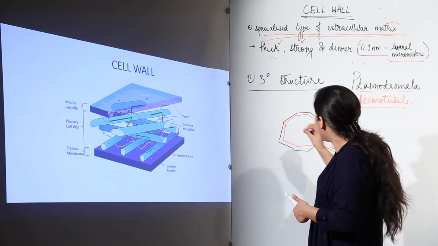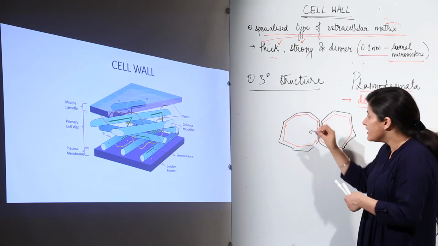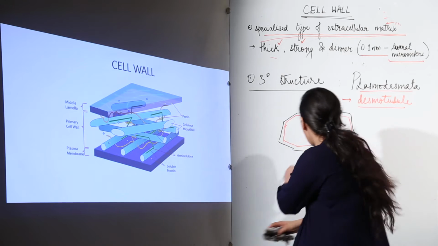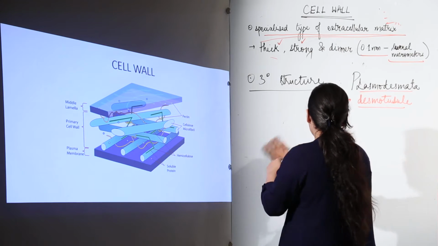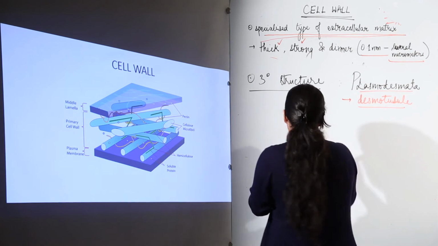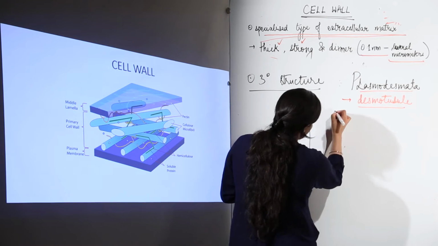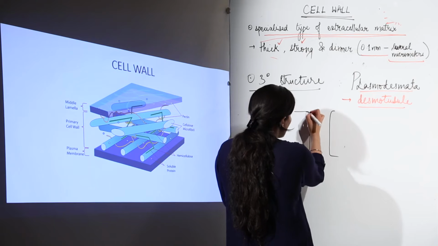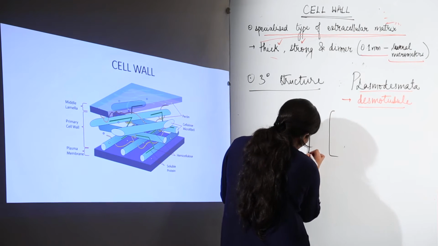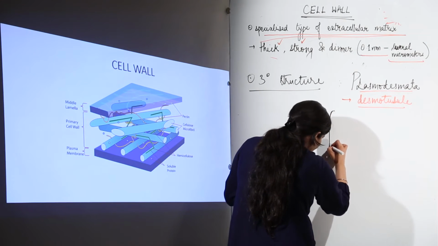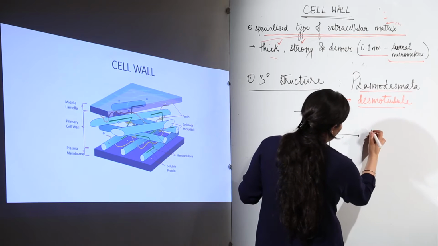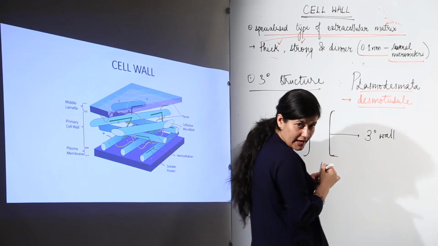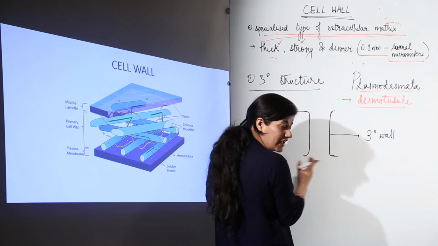Supposedly you have a passage in between that would be known as the part of the tertiary cell wall, where we have plasmodesmata. Now, if I have to represent the plasmodesmata in a larger view, it would be somewhat like this: a passage between the two cells, where the wall that is in contact with the passage would be known as the tertiary wall. Alright, that would be the tertiary wall, that is innermost.